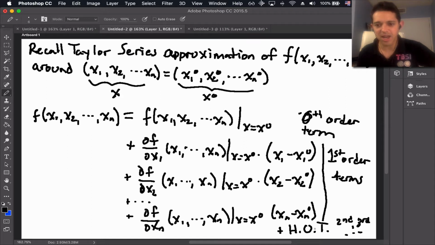Then beyond that, we can have higher order terms that will involve x to the power 2, x to the power 3, etc. So the utility of Taylor series expansion for linearization is that we're going to truncate the Taylor series approximation right after the first order terms and use that as a way to approximate the dynamics.